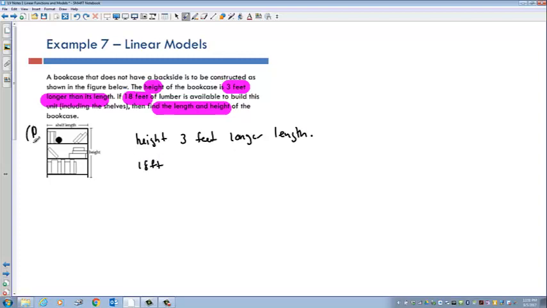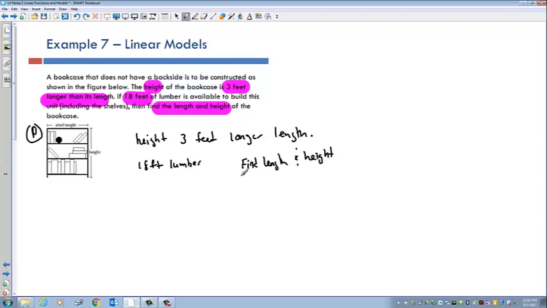They gave me part of it, but I'm going to fill in some of the details. So 18 feet of lumber. Notice that's not area because it's not feet squared, it's just the amount of lumber you have. And then what we want to find is the length and height. So at the very end, what I put in a box is going to be the length and the height.